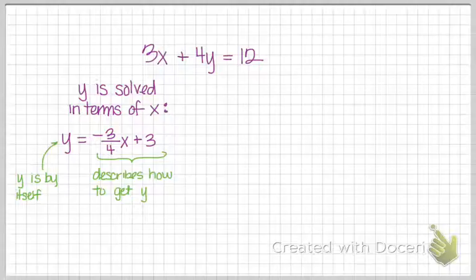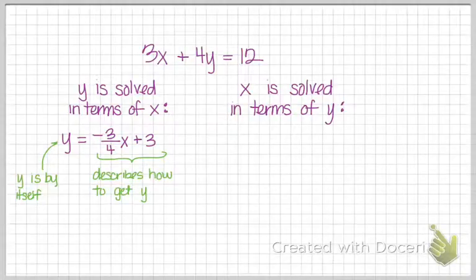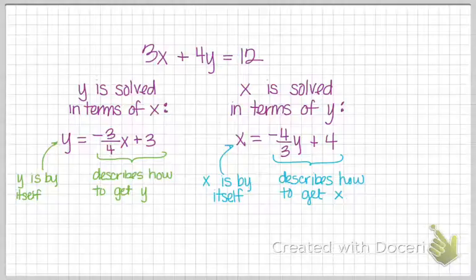Now we could write this a different way so that x is solved in terms of y. And when we do that, it would look like x equals negative 4/3 y plus 4. This x right here should be a y. Now for the same reasons, x is by itself.